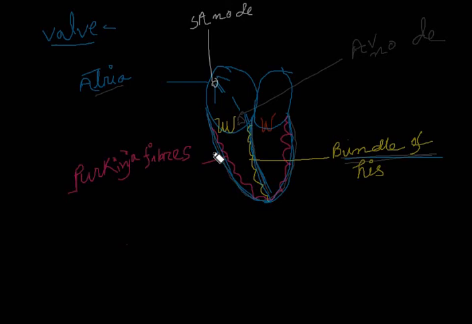In this way impulse is transmitted throughout the human heart. In this way conduction of impulses takes place in the human heart.